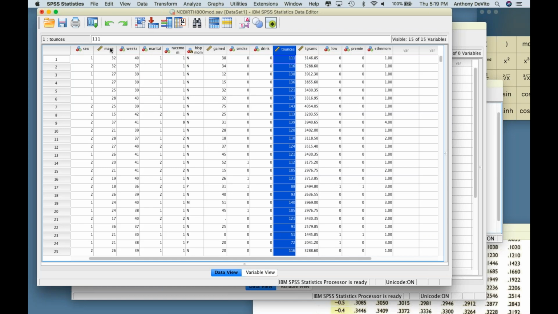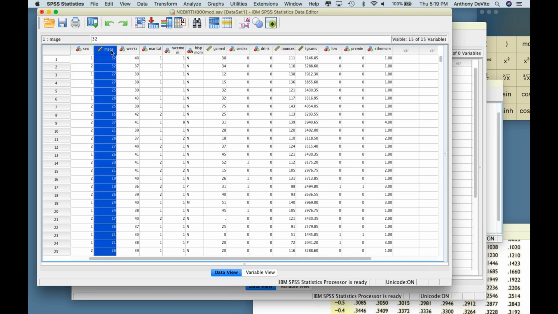I'm going to use mother's age. It's a simpler number. So I'm going to find the average age of the randomly selected mothers in North Carolina, sample size 800. What the average age for mothers in North Carolina is during this year.